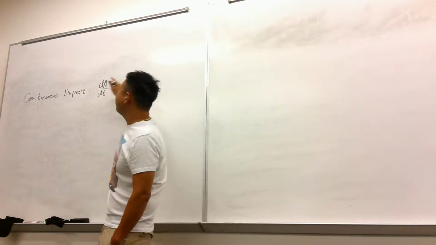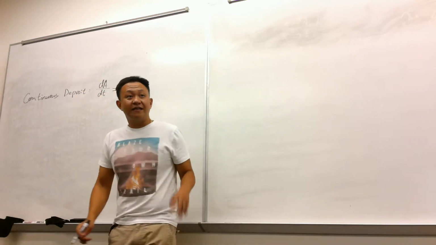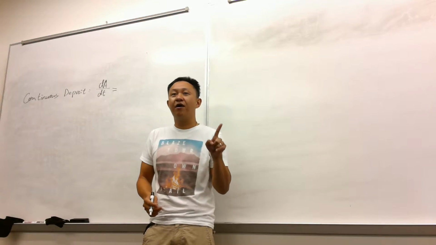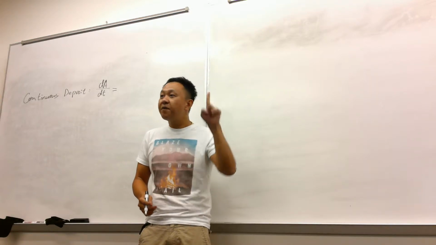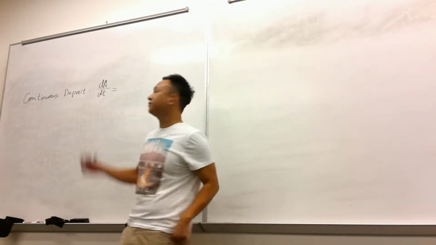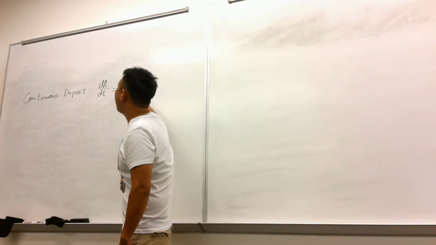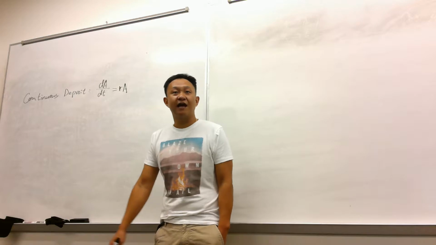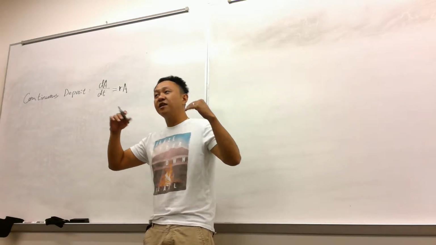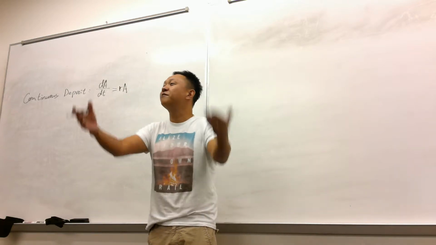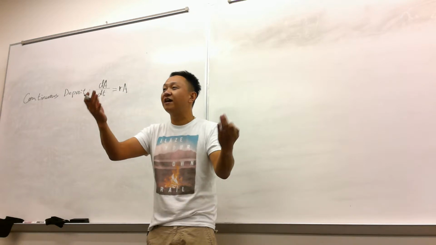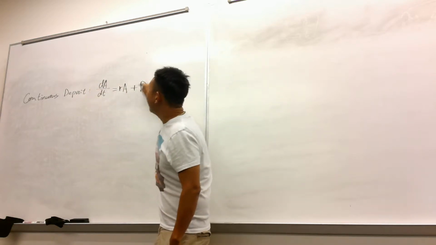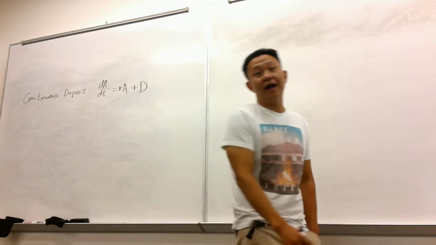dA over dt equals what? It comes from two parts. One part is whatever the bank gives you. The bank always gives you interest, so that part is always positive: R times A. And continuous deposit means you are continuously putting more money in, so your money is supposed to be more. So you plus D, and D is the money you put into the bank every year.